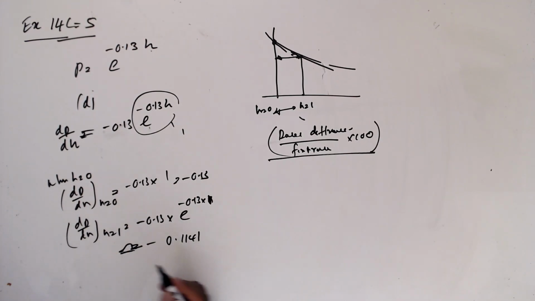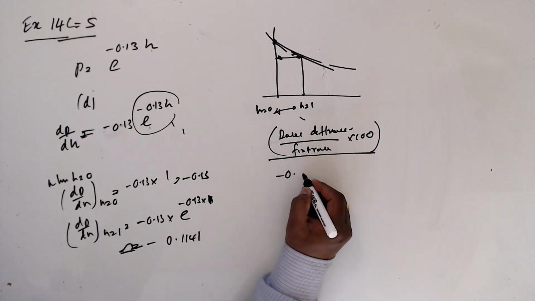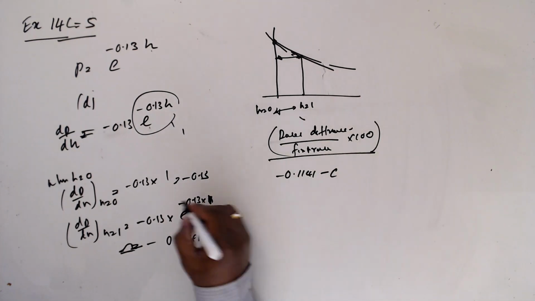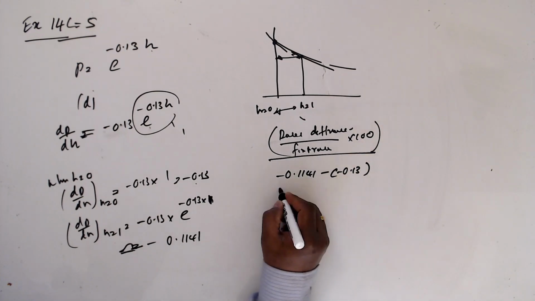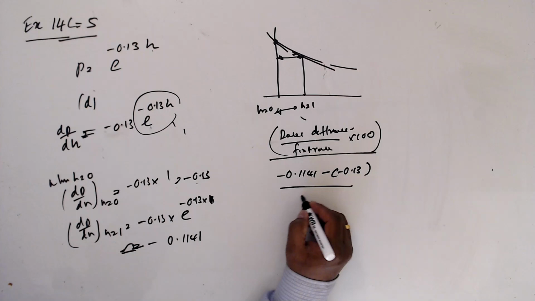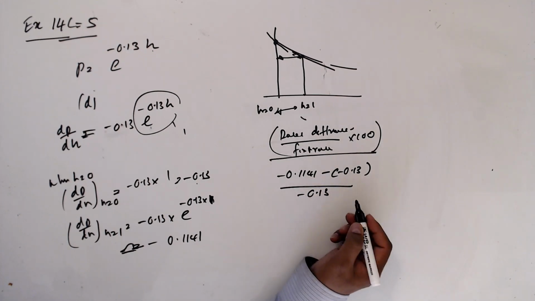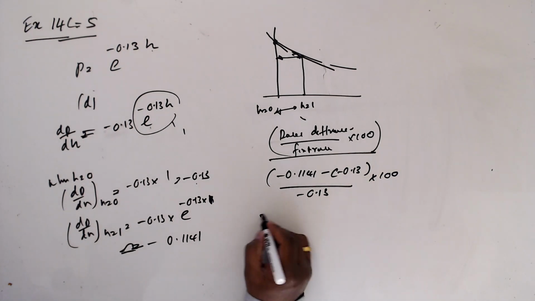Now the rate difference is minus 0.1141 minus the first rate, 0.13, and divide by the first rate, 0.13, and multiply by 100.